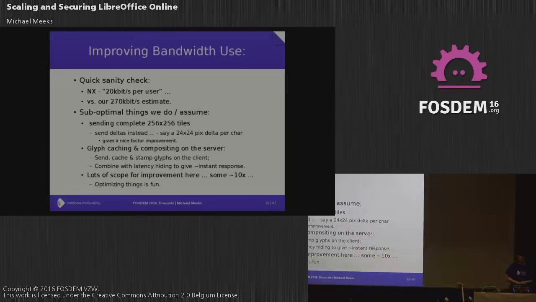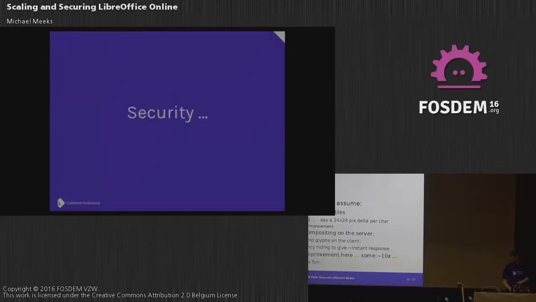I think there's a lot of scope for fun work there to shrink this down and get some kind of 10x win. Ultimately, I would quite like to see the glyph cache on the client and not on the server, to save us memory, and also to hide some of this latency so that you press the key, and we have already predicted what glyphs we should be putting where by the time the key is pressed, so that we can be stamping it straight on the screen in the client, and letting the server rest like it likes to.